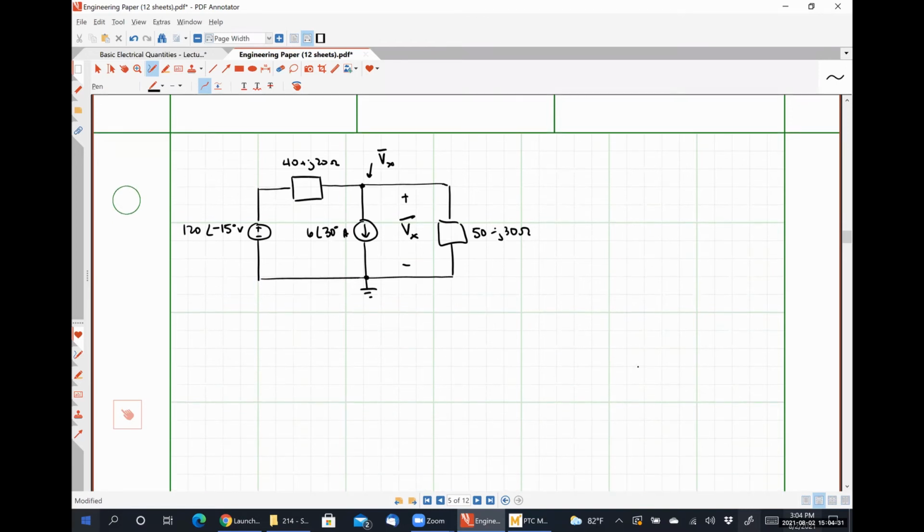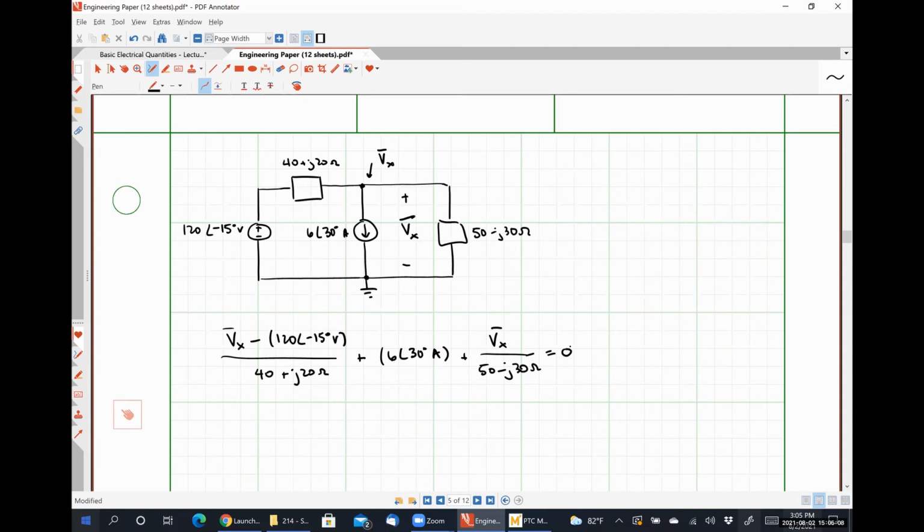So I could say that (Vx minus 120 angle negative 15 degrees volts) divided by (40 plus j20 ohms) plus 6 angle 30 degrees amps plus Vx divided by (50 minus j30 ohms) is equal to 0.